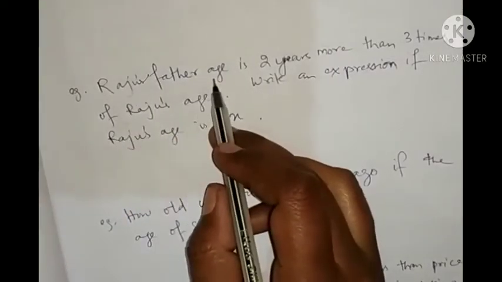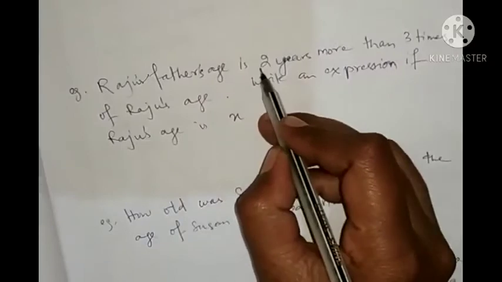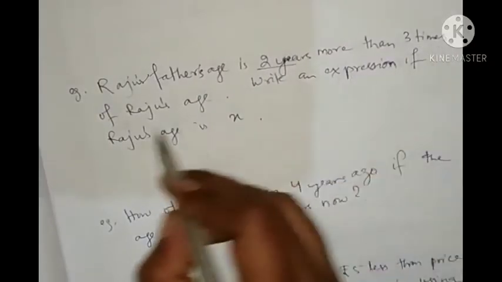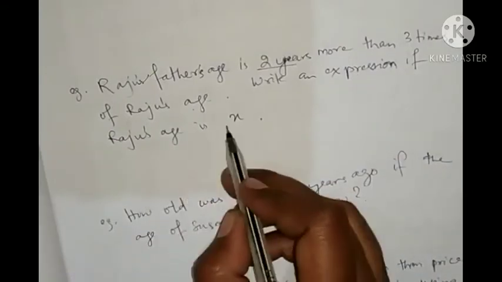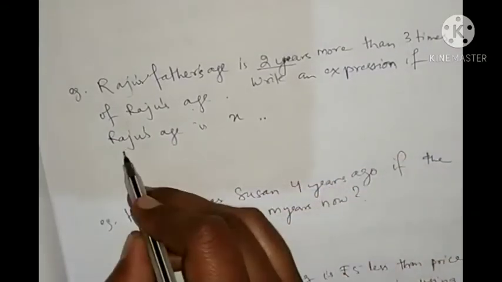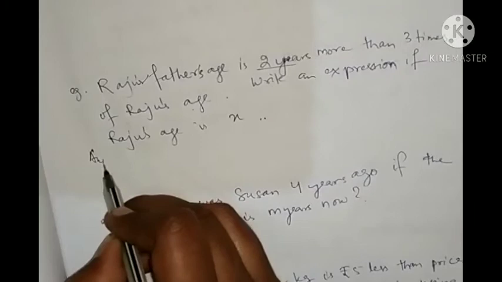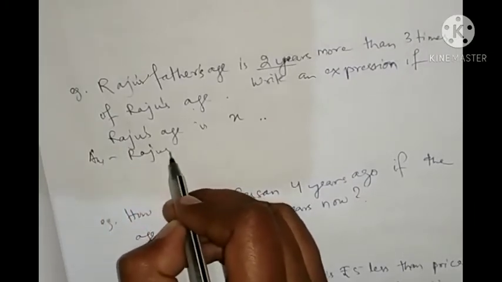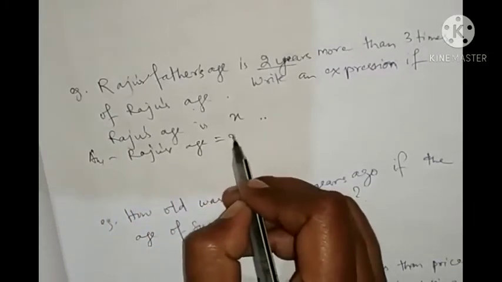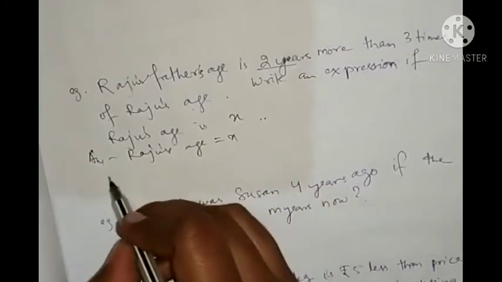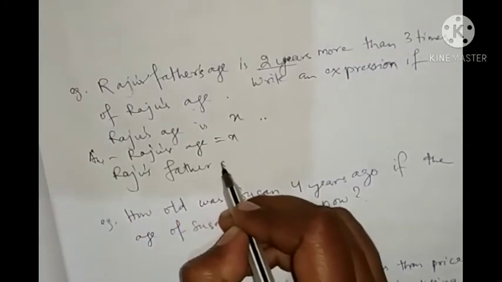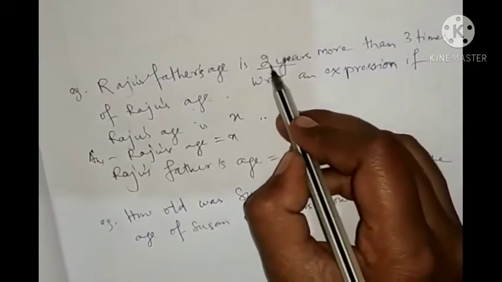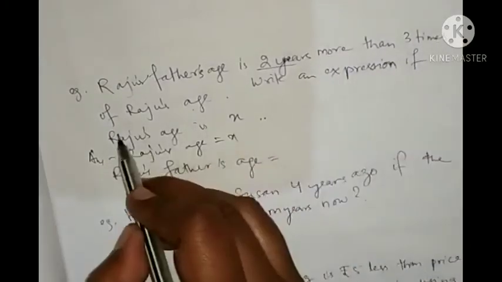Raju's father's age is 2 years more than 3 times of Raju's age. Write an expression if Raju's age is X. Okay. So answer is what? You can write Raju's age equal to how much? X. So Raju's father's age is how much? 2 years more than 3 times of Raju.